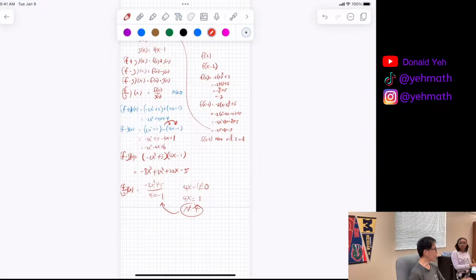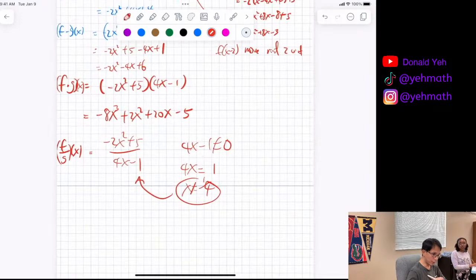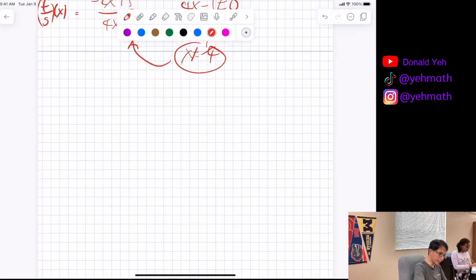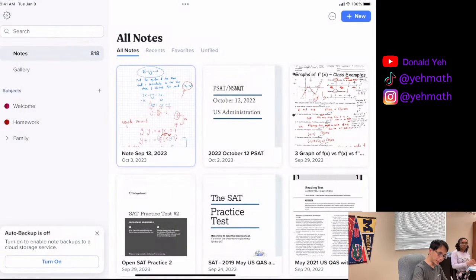Now let's talk about this. This is just a normal operation. We have another operation that deals with this. It's called composite function. How many of you guys have heard of composite function before? Nathan? Okay. So a composite function looks like this. This is the one that you are gonna be tested on a lot.